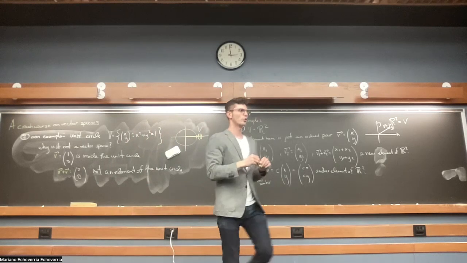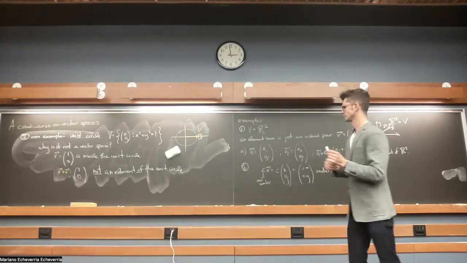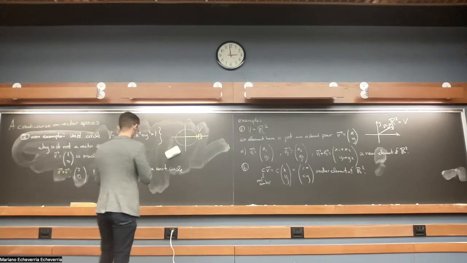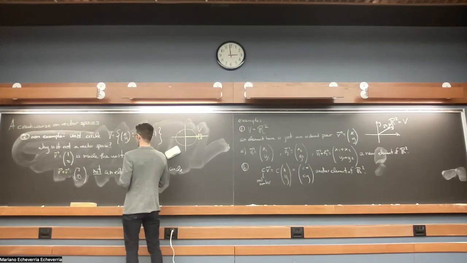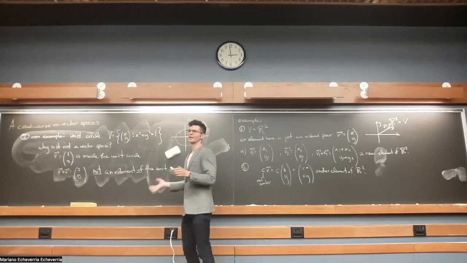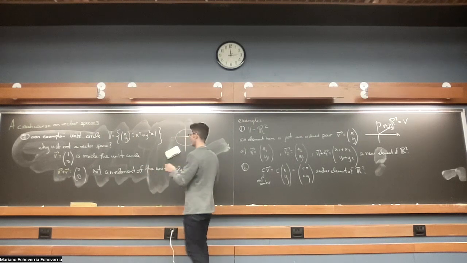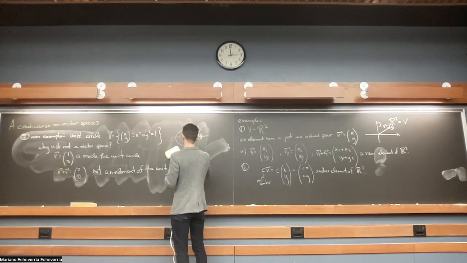But the requirement of a vector space is that if you add two elements inside of it, you should get something that continues to be inside of it. So that's what goes wrong. For a vector space, it should belong to this set.